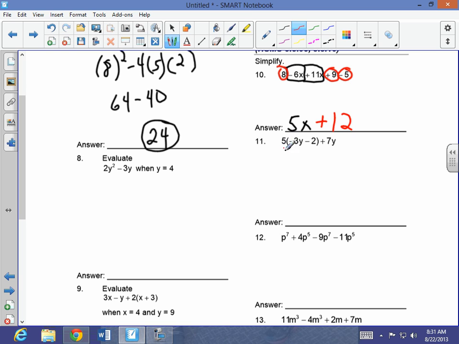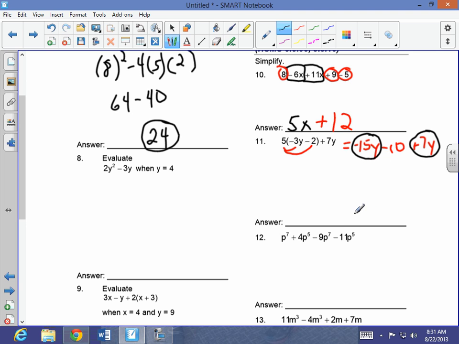This one I have to distribute. 5 times negative 3 is negative 15. Must keep the y. 5 times negative 2 is negative 10 plus 7y. Well, now I have negative 15y and positive 7y.